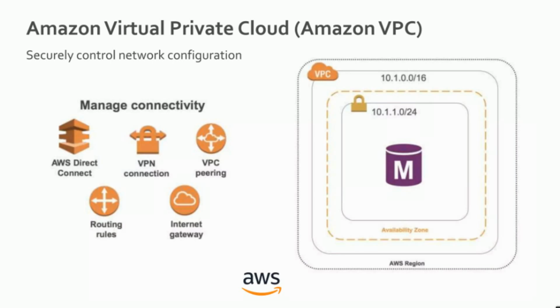It is secured by a custom VPC. Here you can see managed connectivity using AWS Direct Connect, VPN, VPC routing rules, and internet gateway. And here you can see it is also managed through the security group and custom VPC. So according to our rules, the transactions or the communications are managed from the custom VPC.